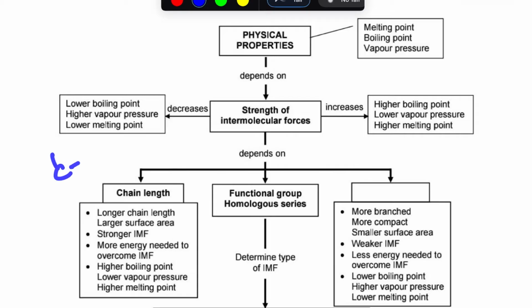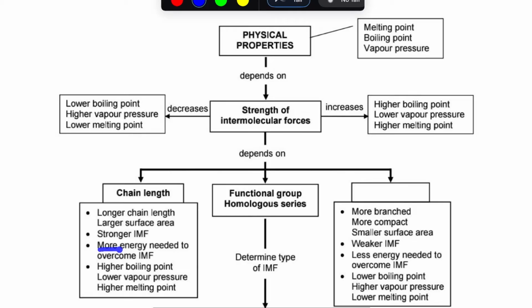One has one carbon, another has 2 carbons, and another has 3 carbons. That means the surface area is getting larger and the chain is getting longer, which means the stronger the intermolecular force. The more the number of carbons increases, the larger the surface area, the longer the chain length. That means stronger intermolecular force.